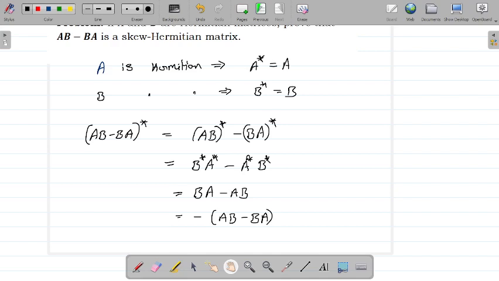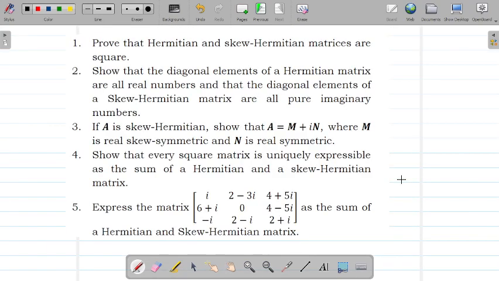If you take a skew Hermitian matrix, I think we discussed it for a Hermitian matrix, but here they are asking for a skew Hermitian matrix. Yes, this also you could do. You can express A as M plus iN, where M is a real skew symmetric matrix and N is a symmetric matrix. But try to observe the difference.